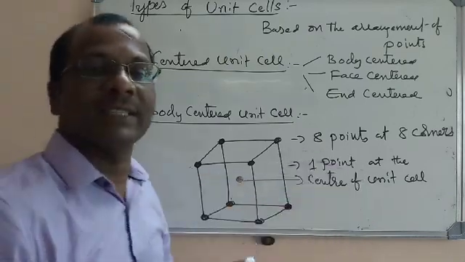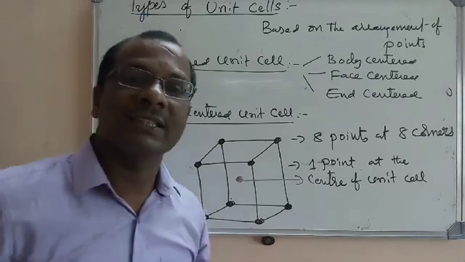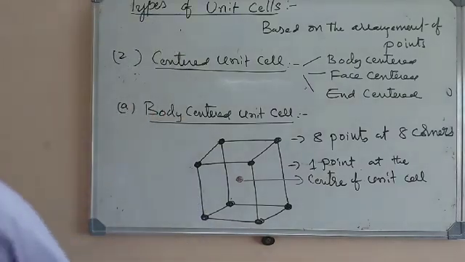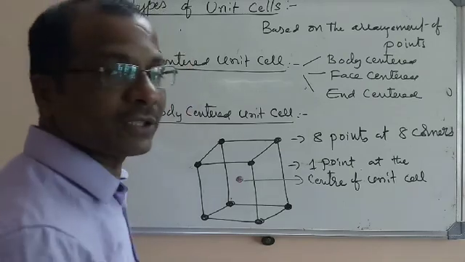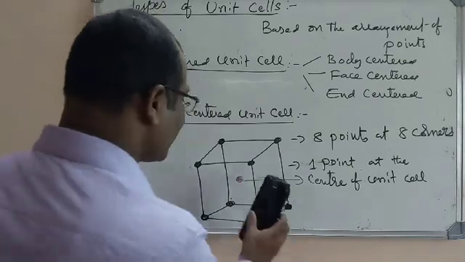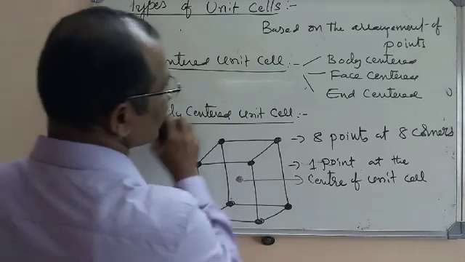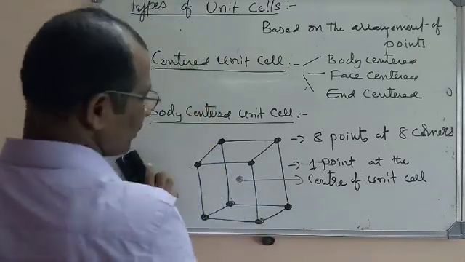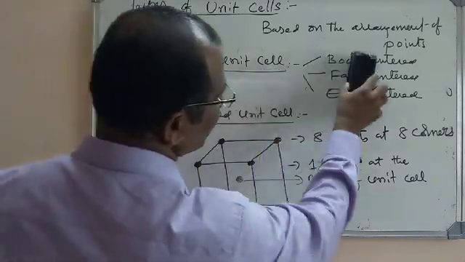So this is called a body centered unit cell: 8 points at 8 corners of the unit cell, and in addition a point at the center of the unit cell. This is the first type of centered unit cell.